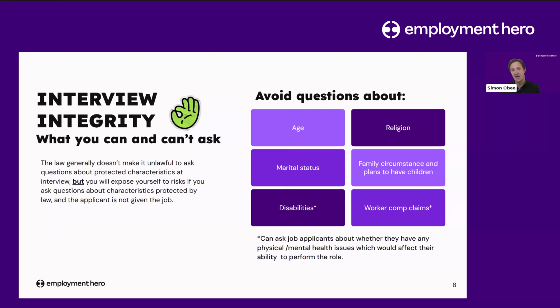Because as I say, it is only where these health issues are relevant to the role that you should be collecting information about that. And we'll talk a bit more about pre-employment checks and health assessments in the next slide.